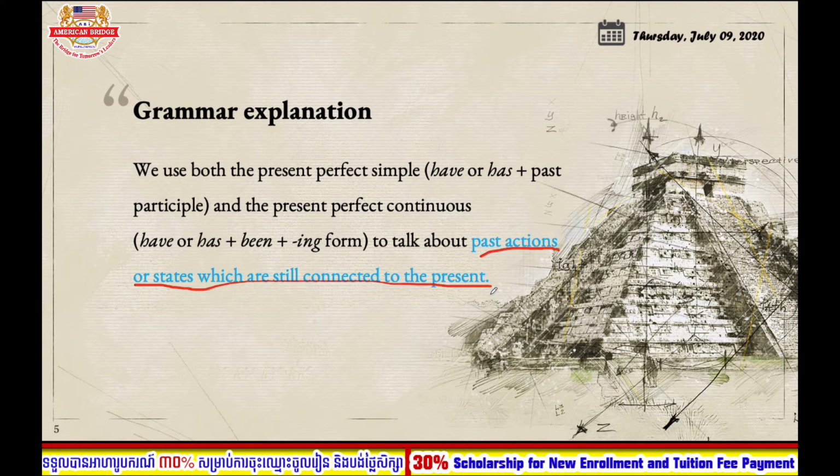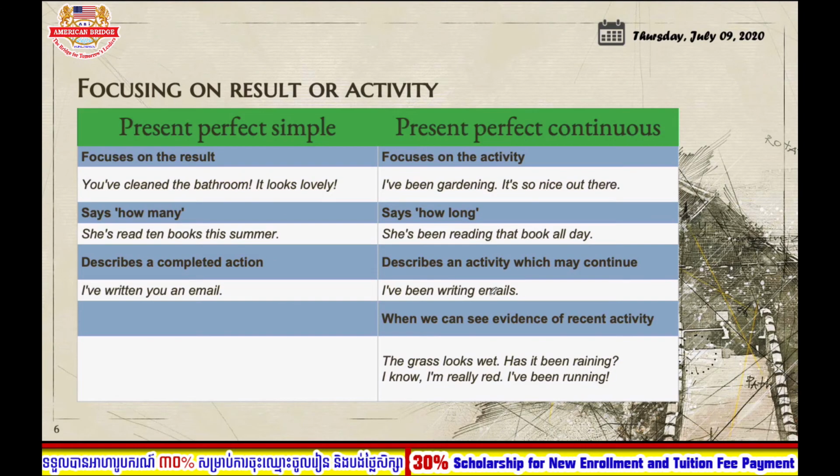It can be an experience which impacts you now, or it can be some event or situation that is happening again and again from the past up until now. So these are the general concepts of the perfect tense. So let's look at the difference between these two tenses.